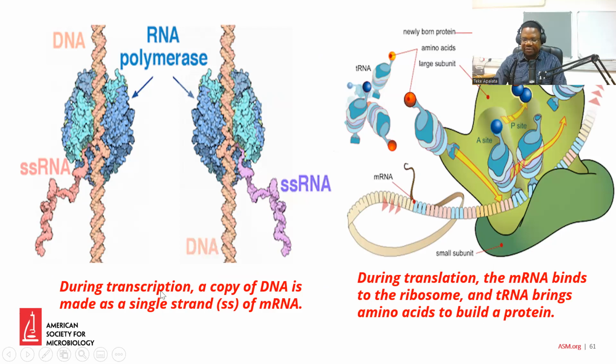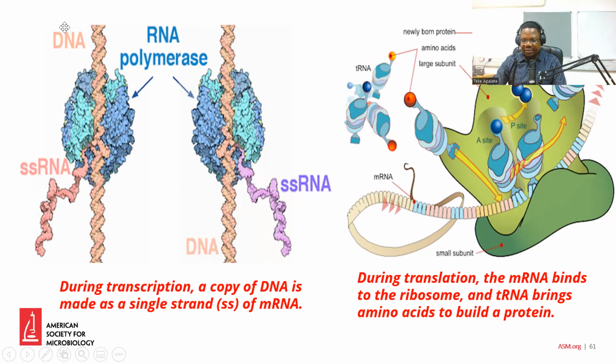During transcription, a copy of the DNA is made as a single strand of messenger RNA. The messenger RNA will then take the information to the transfer RNA, informing it what type of amino acid can be brought for the formation of the specific protein that is required.